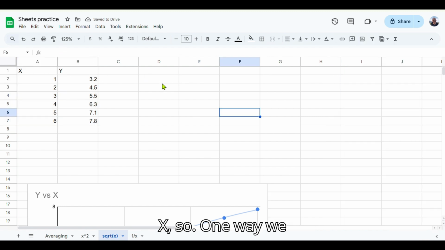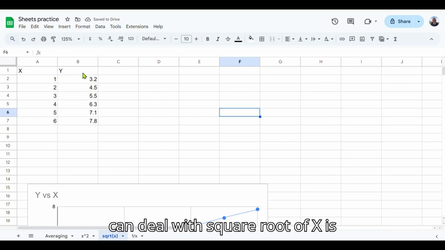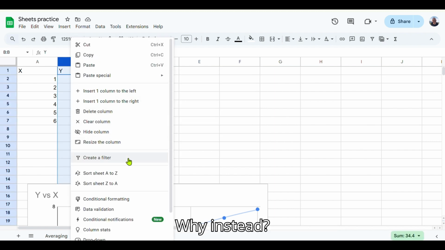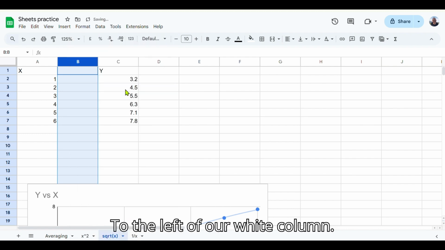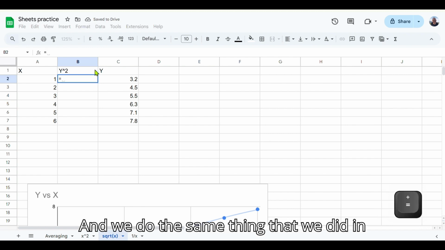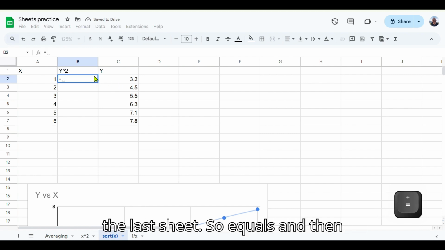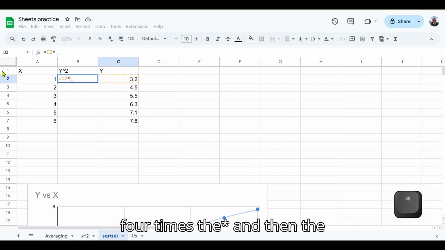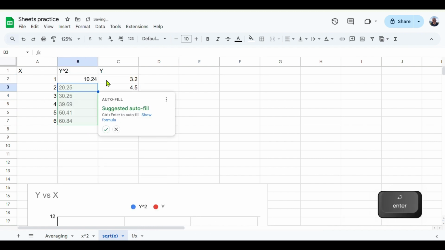So one way we can deal with square root of x is by squaring y instead. So we create a column to the left of our y column, call it y squared, and we do the same thing that we did in the last sheet. So equals, and then select, shift 8 for times, it's the asterisk, and then the same cell again.